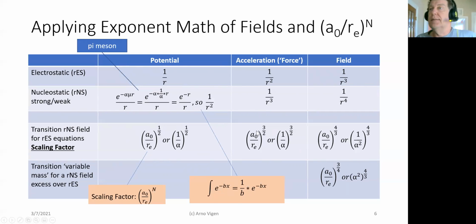You will see this a sub o over r sub b to an n power, and that power will depend on whether you're electrostatic, nucleostatic, whether you're a transition between the two, and which direction it's going. In fact, we saw that a little earlier because I said that was a net 2 force.